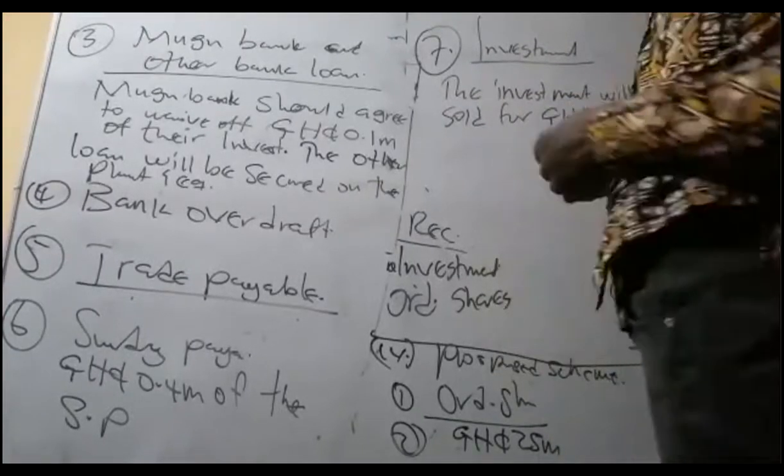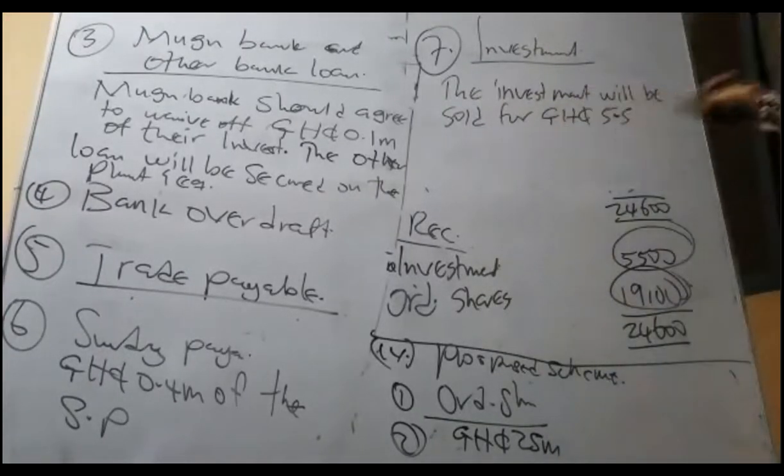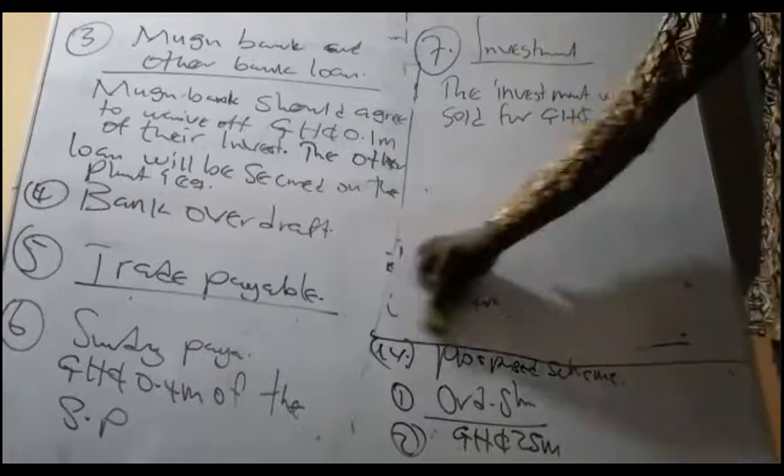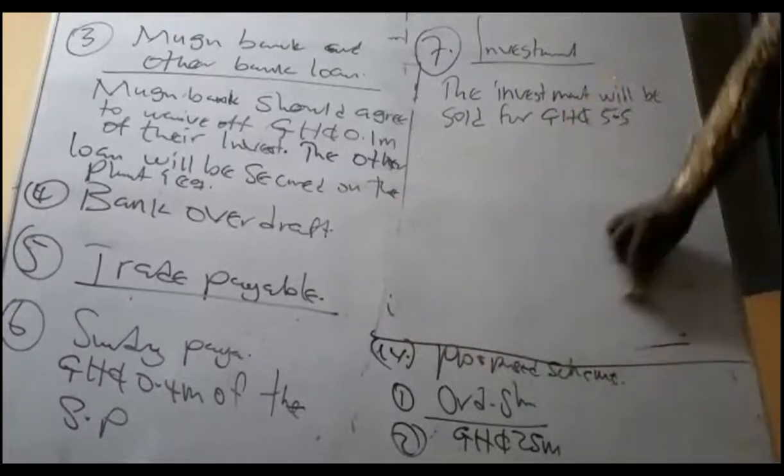This one, you are just copying the one in the footnote. It was stated in the footnote, just copy it. So you are done with the investment. So you are done with everything here.